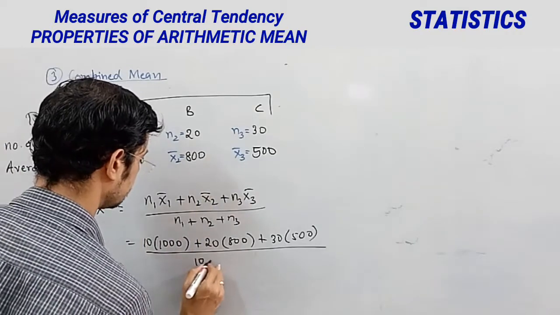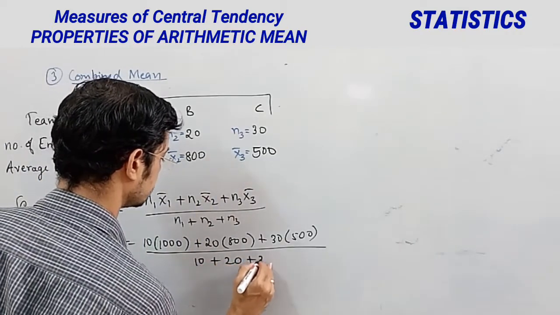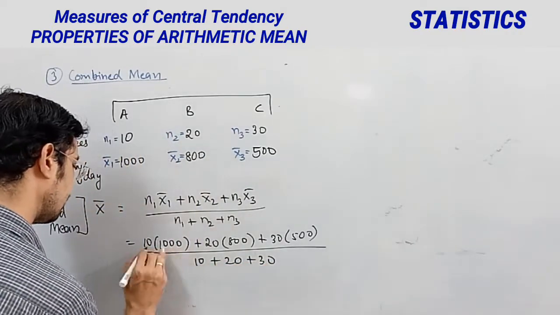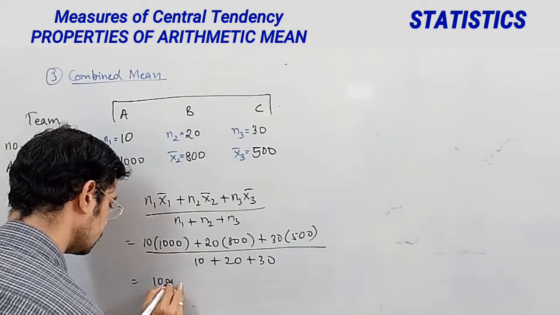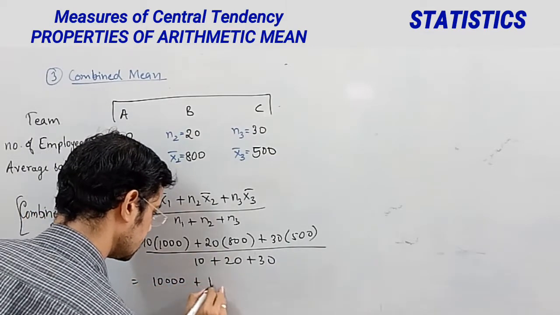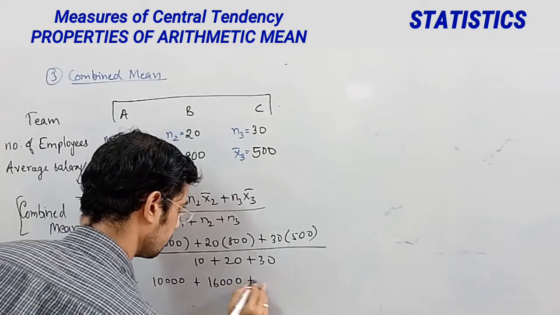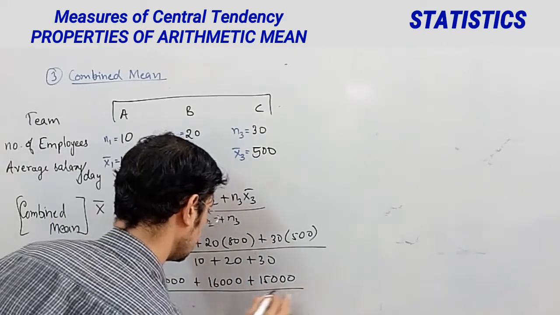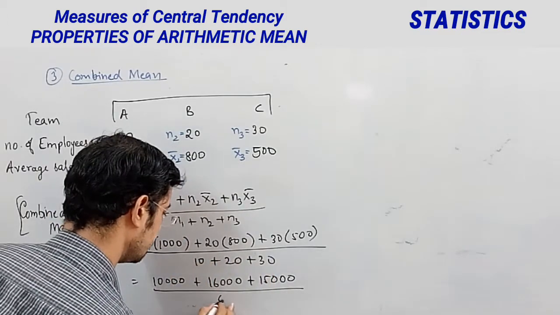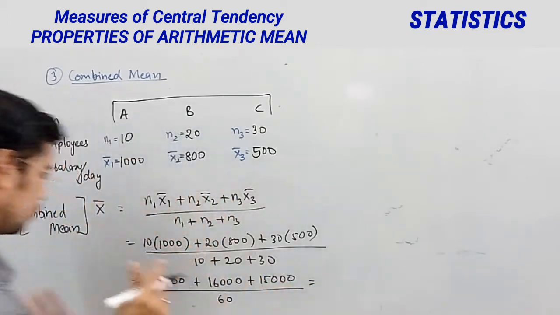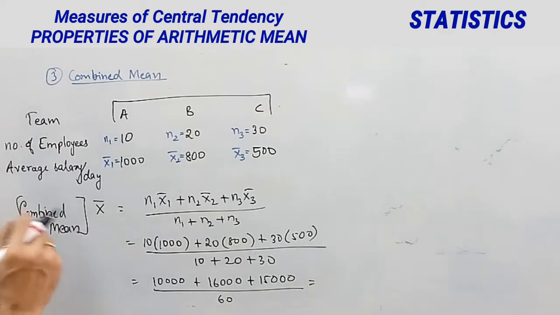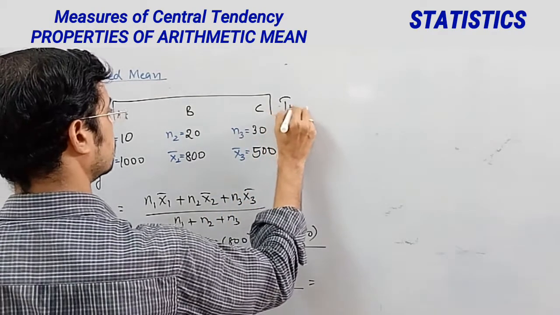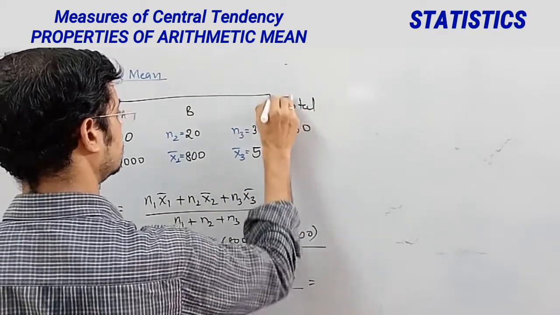This is nothing else but 10 plus 20 plus 30. So here we have 10000 plus 8 2s are 16, 16000, plus 5 3s are 15, 15000, divided by 60. So the total is 60 here.